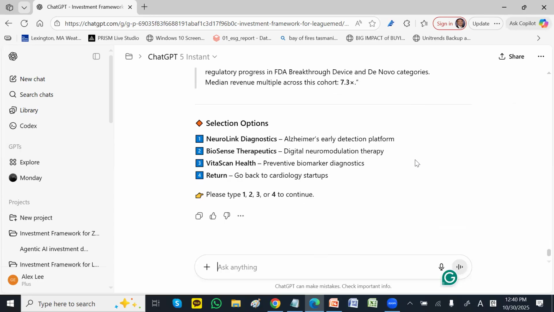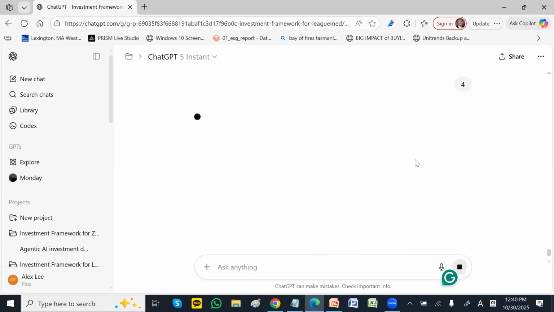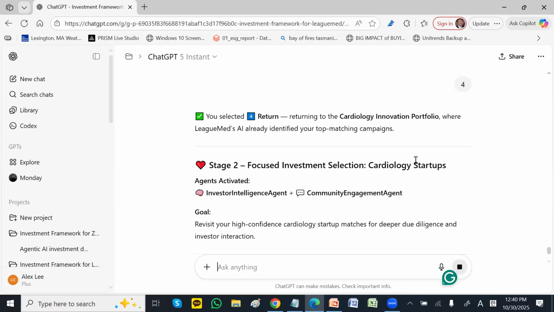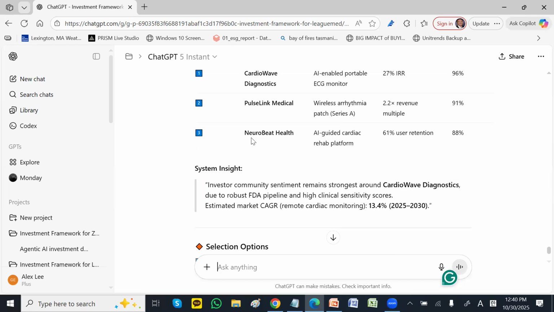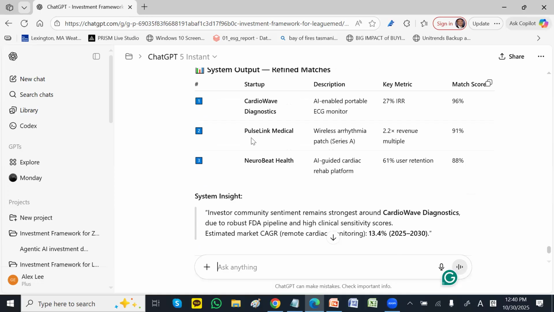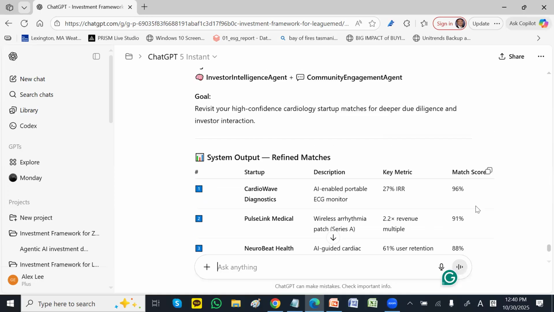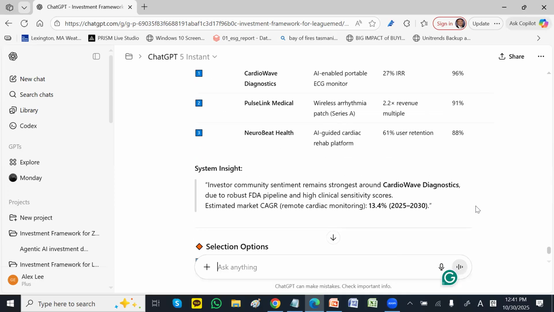And then the same thing, and then just go back to the cardiology startup, right? It's already matching it. It tries to support you on how attractive it is based on your needs and wants, right?